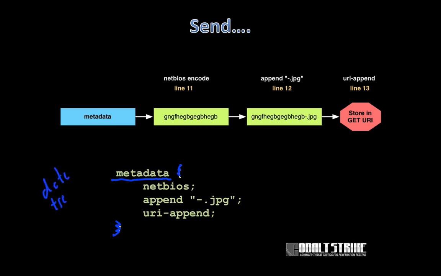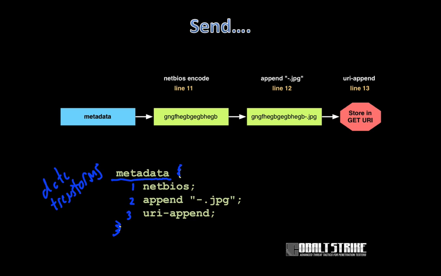These data transforms describe what we want Beacon to do with the data to send it back to Cobalt Strike. We've got 3 steps: netBIOS encode, append dash.jpg, and URI append. We're going to walk through these.